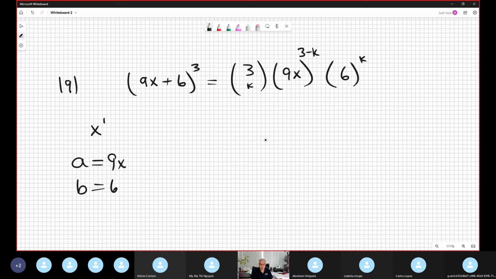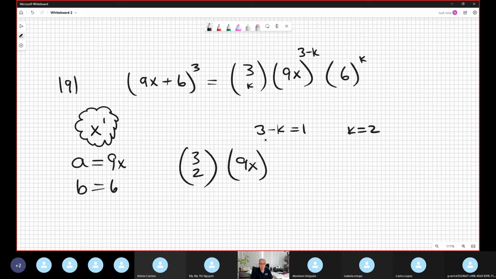Therefore, this exponent is 3 minus k. 3 minus k should be 1 because this is the requirement for our problem, that contains only x to the exponent 1. It's obvious that k is 2. So, basically, combinatory 3, 2, 9x raised to the 1, because this is 1, and 6 raised to the second power, right?